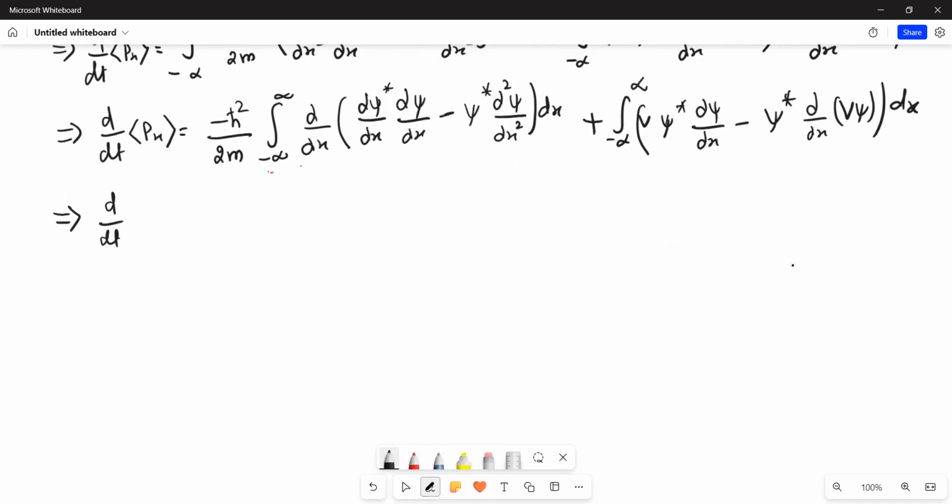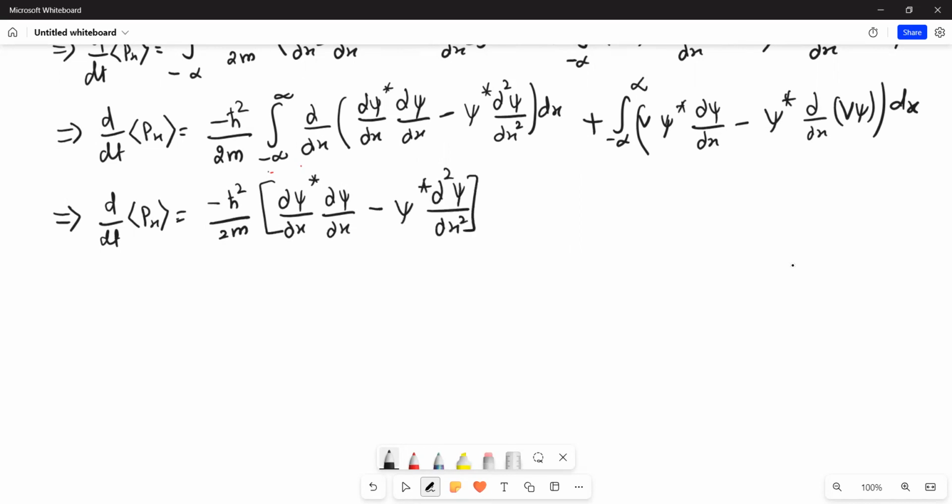You can see d by dt of the expectation value of px is nothing but minus h cross square by 2m, and this will be cancelled, and the remaining terms are dou psi star by dou x into dou psi by dou x minus psi star dou square psi by dou x square, but the limit is there, minus infinity to plus infinity.